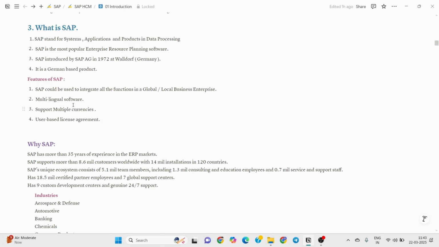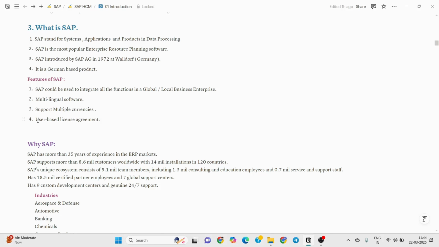SAP also supports multiple currencies, according to the country-specific currency. SAP supports the currency of whatever country it is installed in. SAP also supports multilingual software, meaning according to the country or region, whatever language is used, if SAP is installed or built in for that country or region, these multilingual features are enabled.